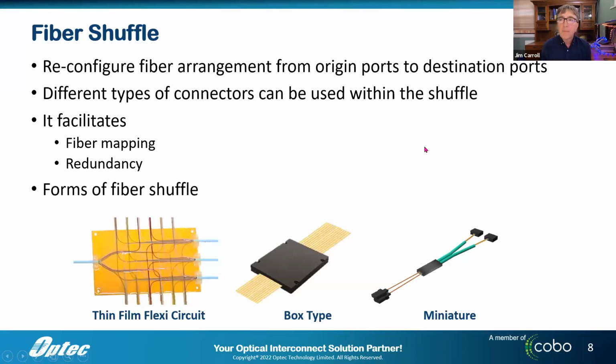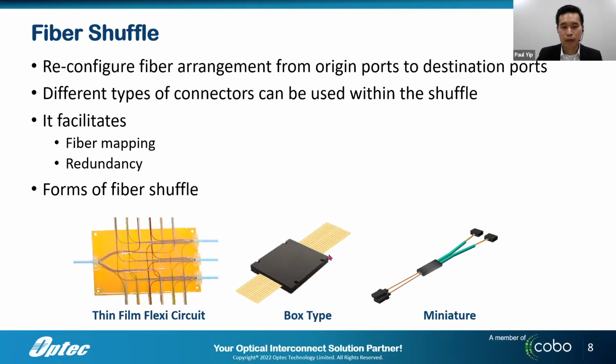Paul, there are some questions for you, so maybe we're going to need to see your slide deck again if you can share it. The first question is, what did you mean by polarity, and what is the challenge with polarity that led Optec to make their own equipment to control it? On this slide, we're showing 3 different kinds of fiber shuffles.